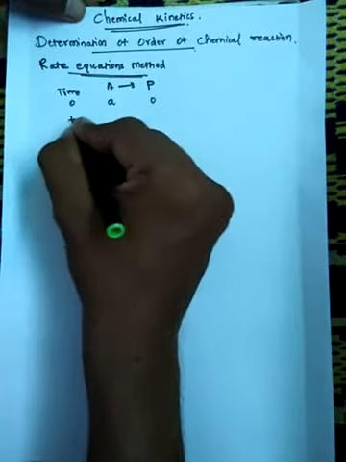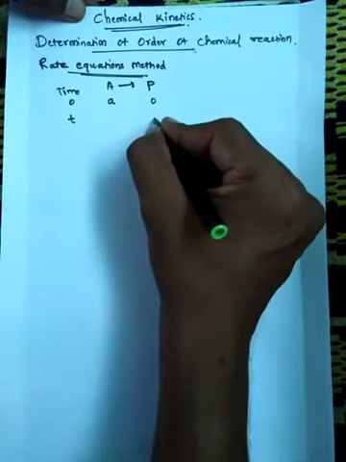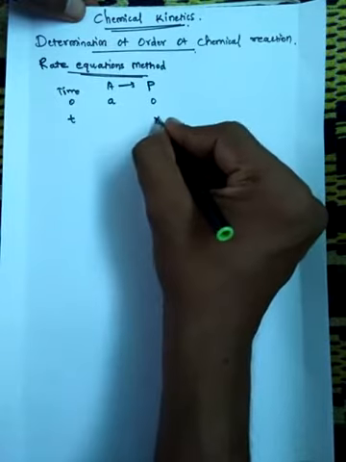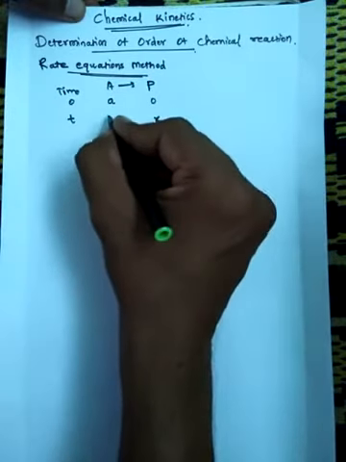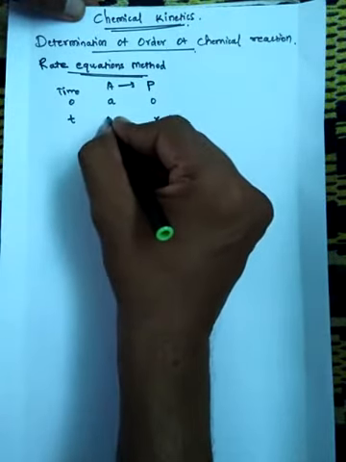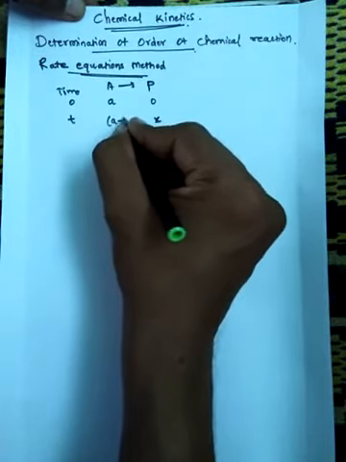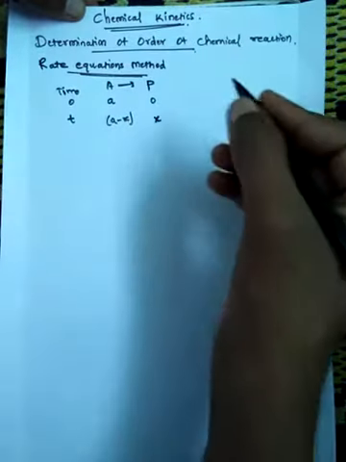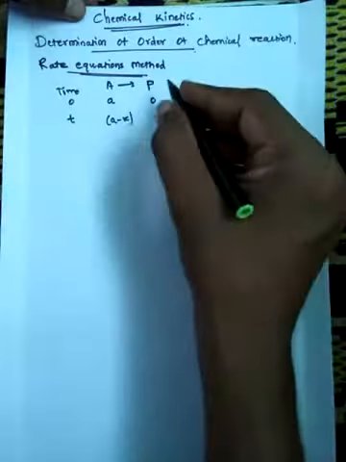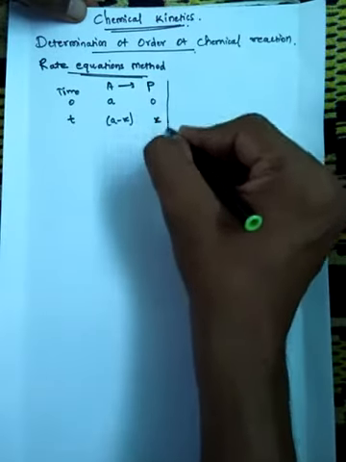At time t, some x mole per liter of product is formed. The remaining unreacted molecule will be a minus x mole per liter. So this is known to us very well.